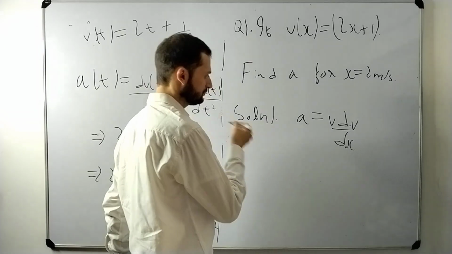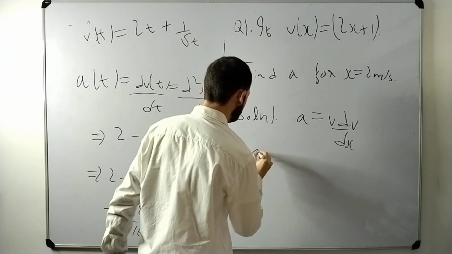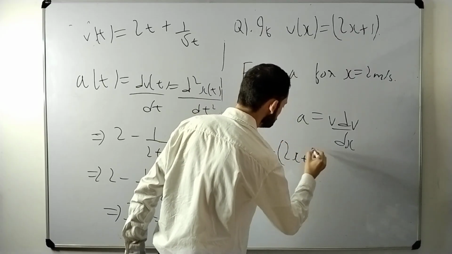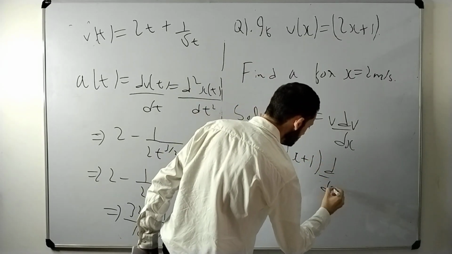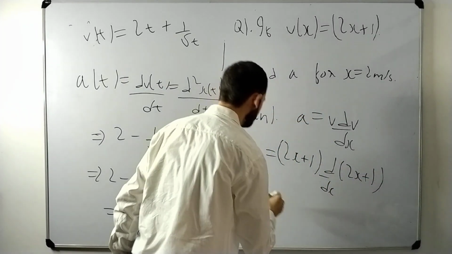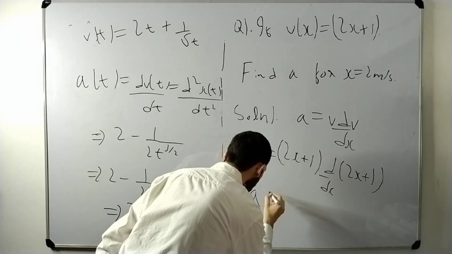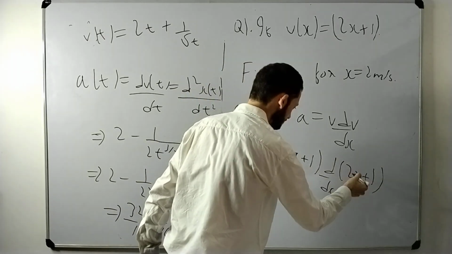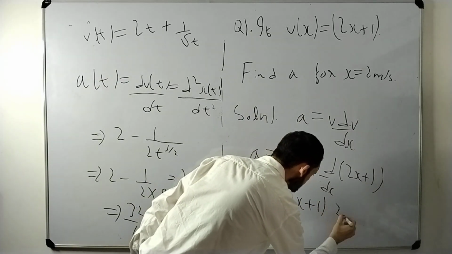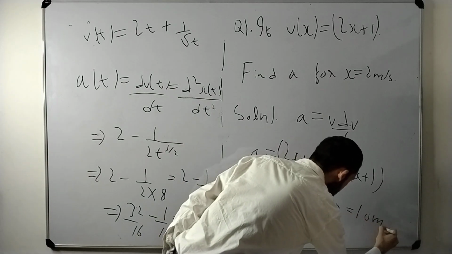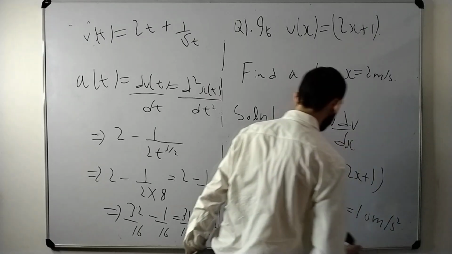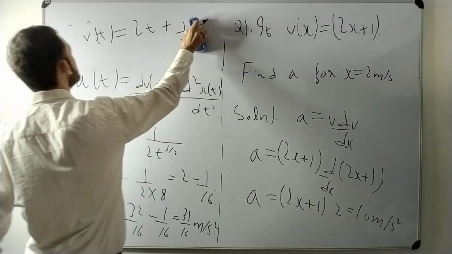That I have taught in the earlier lecture. Then this is 2x plus 1 times d by dx of 2x plus 1. Right, students? So it will give 10 meter per second square. I have put the value of x. Next question.